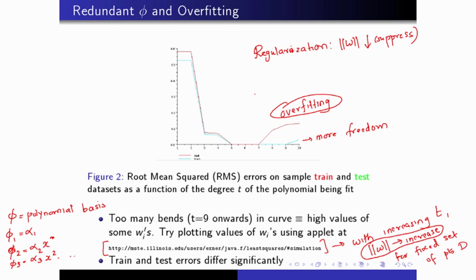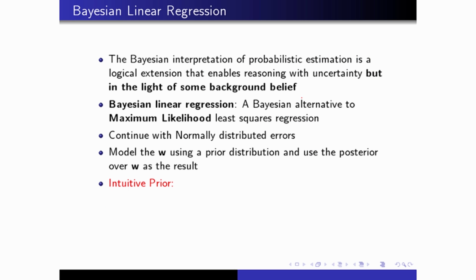How can we achieve that? We'll do that through Bayesian linear regression. So Bayesian linear regression says that I have some background belief. What is the background belief? That the norm of w should have been less than some 1 upon lambda.